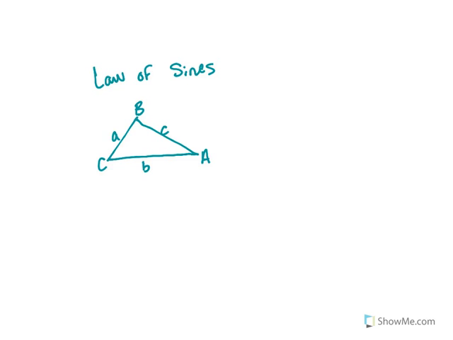Okay, so do you guys see how I'm going to write this and then I'm probably going to go back and erase it. So angle A, the side across from it is A, right? Angle C, the side across from it is C. And angle B, the side across from it is B. So what they're saying is because those angles correspond with the side across from them, if you have a bigger angle, you have a bigger side, right?